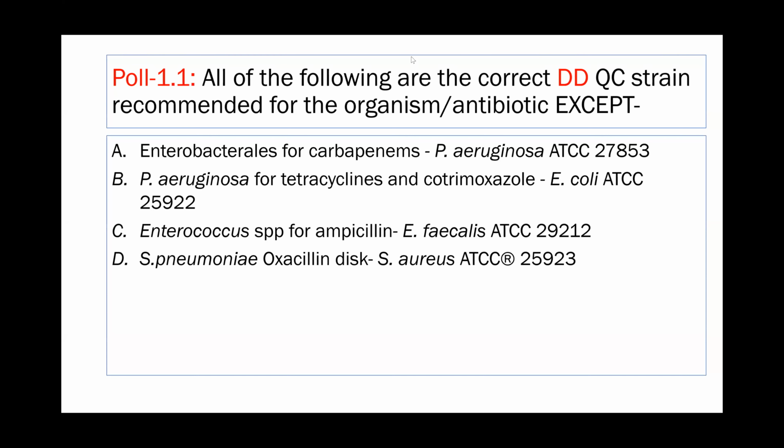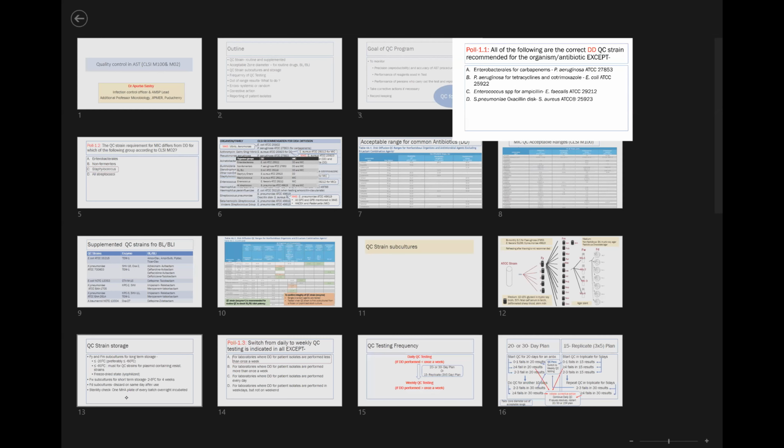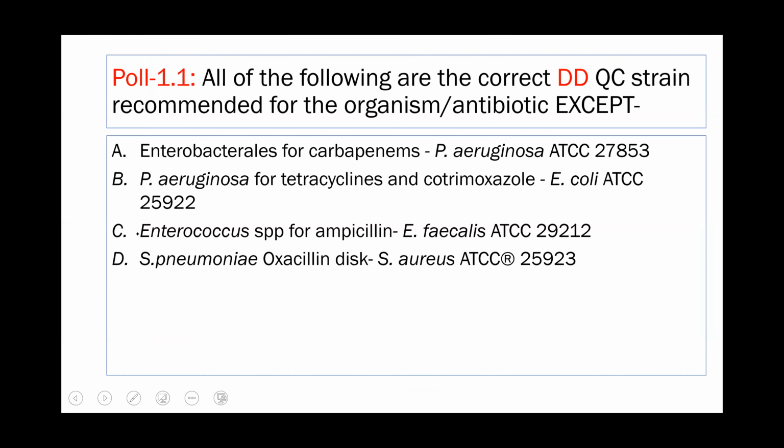So please display the result of the first question. I'm showing the result. Thank you. The question asked here is about the disk diffusion test. In the disk diffusion test, what QC do you have to use when you are testing all these isolate drug-bug combinations?